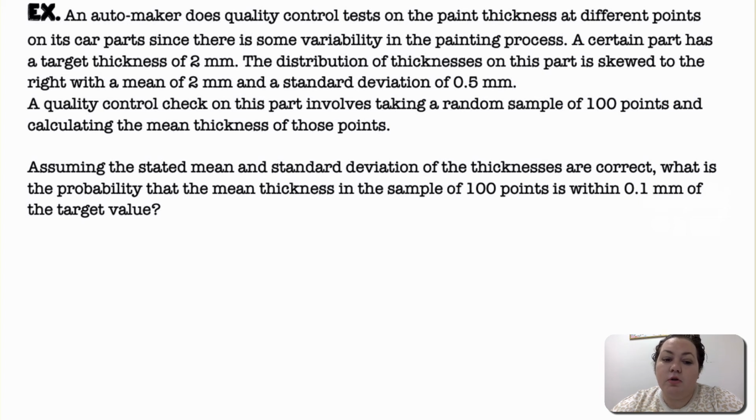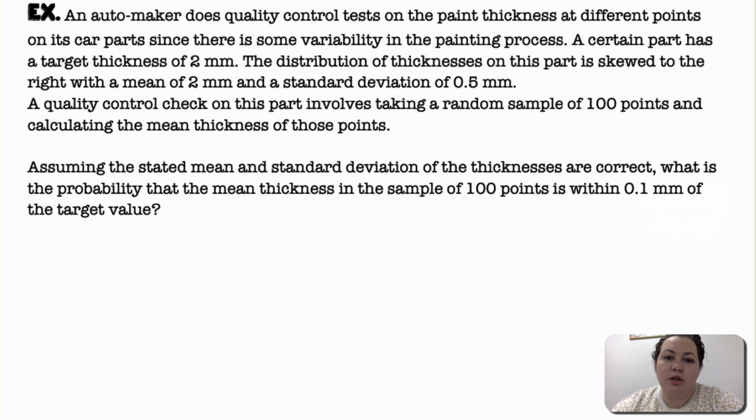A quality control check involves taking a random sample of 100 points and calculating the mean thickness of those points, assuming the stated mean and standard deviation are correct. What is the probability that the mean thickness in the sample of 100 points is within 0.1 millimeters of the target value?